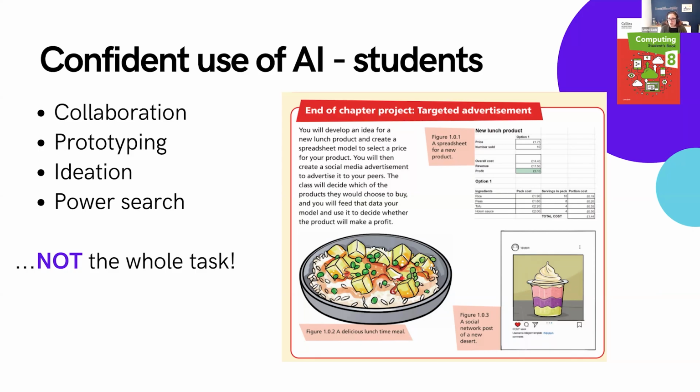Usually I will use ChatGPT, but there are other ones, Gemini, Claude, that kind of thing, and use it as if it was somebody who is working with me to help me to refine my ideas. Also to help me to not spend an awful lot of time searching through websites. It is incredibly efficient at finding the answer to a technical question. How do I do X? How do I do Y?